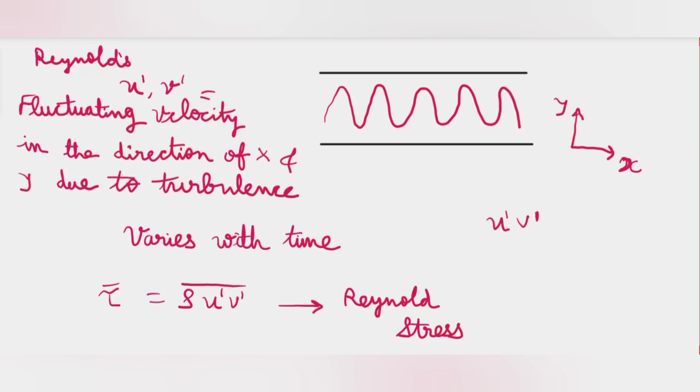If we are able to calculate u dash v dash, then only we will be able to find the turbulent shear stress. But it is very difficult to find this u dash v dash bar, and this was the limitation of the Reynolds stress. To overcome this difficulty, L. Prandtl gave us a mixing length hypothesis, using which we can find the turbulent shear stress.